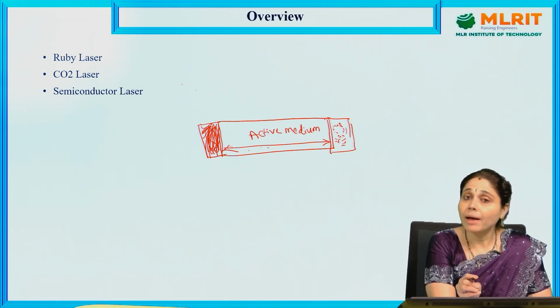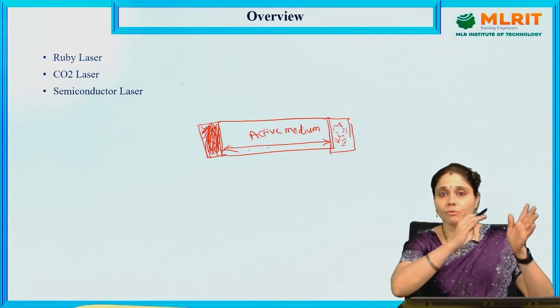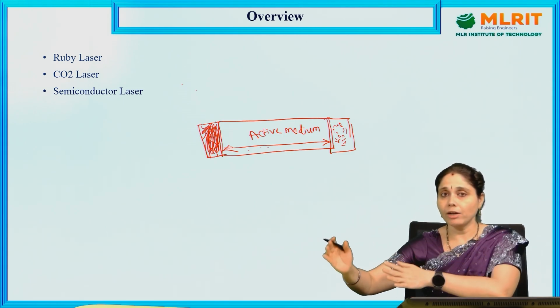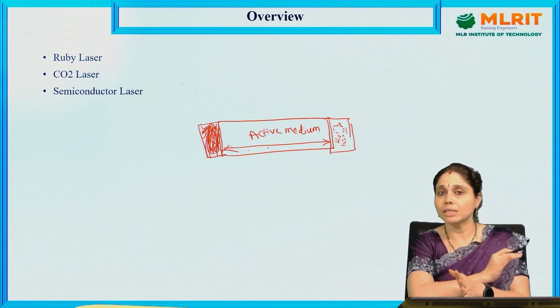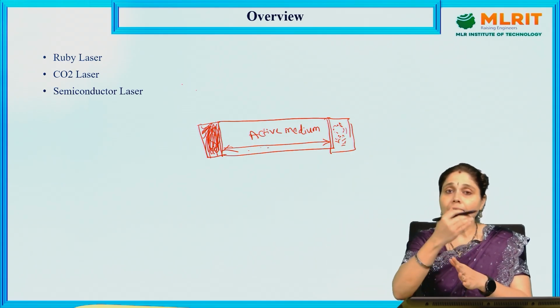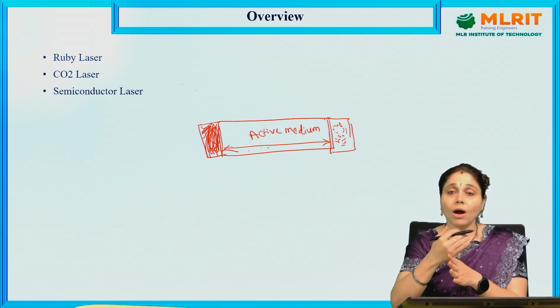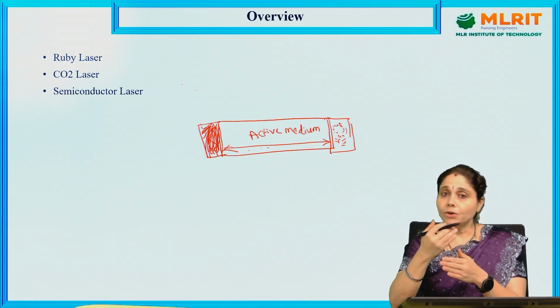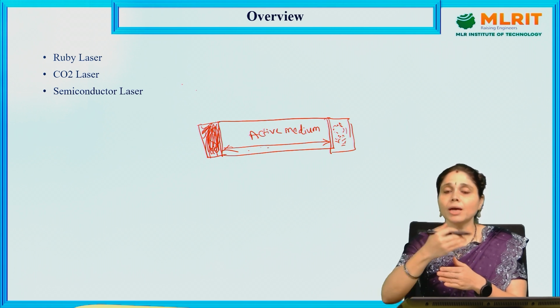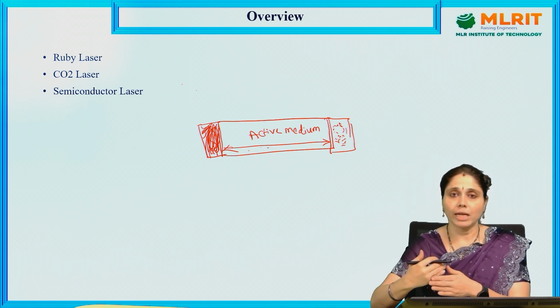Okay, how the light will be amplified? While moving from one end of the fully reflected mirror to the other end of the partially reflected mirror, the light will be rigorously moving from this end to this end. After de-excited, how the light is produced? This produced light is due to the de-excitation of atoms from the higher energy level to the lower energy level.